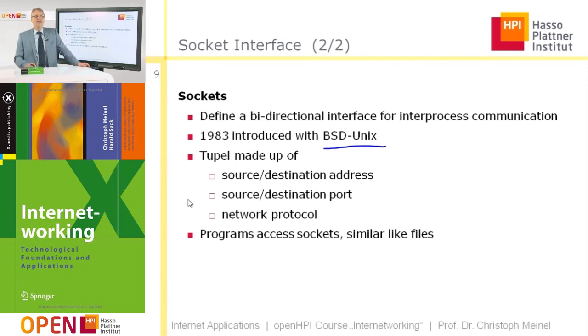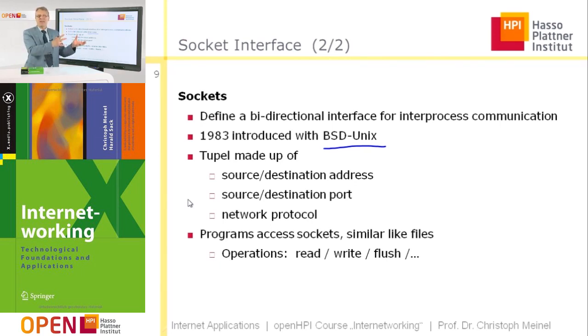In this way, applications can access a socket similar to how a file can be accessed. Operations are available to read something, to write something, to flush something. For example, an application that wants to communicate a message to a receiver can write this information into the output buffer, and then the Internet Protocol serves to transmit the data.